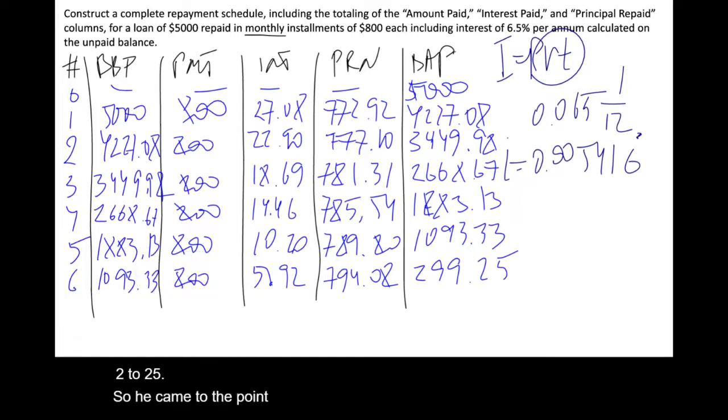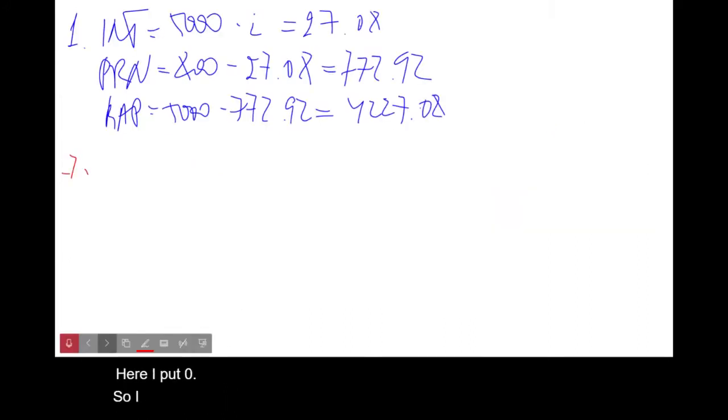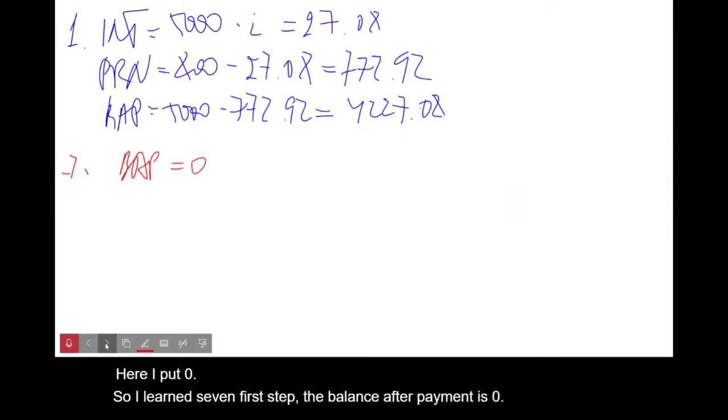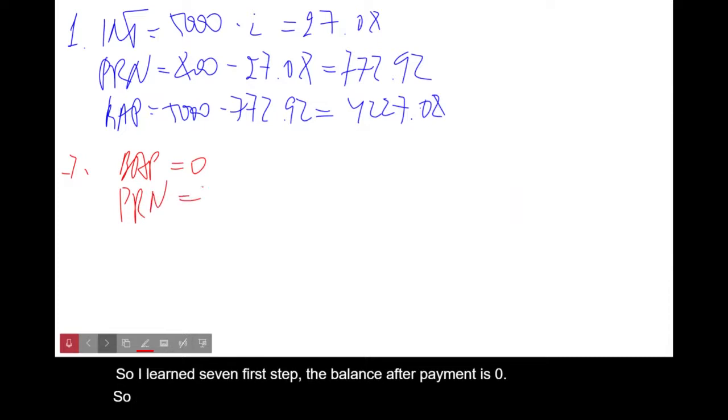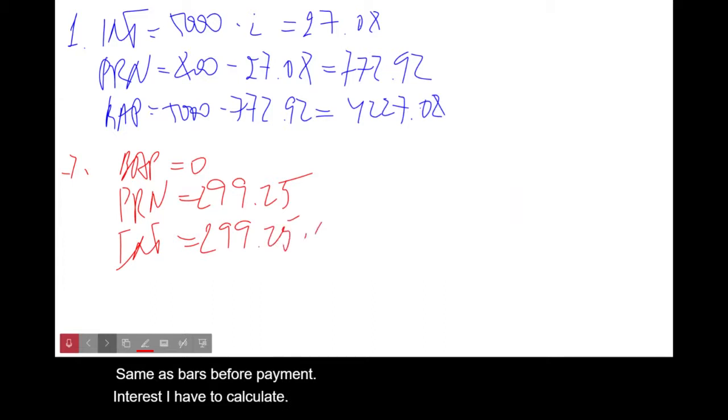So we came to the point of the last payment. Here we have 299.25. Here I put 0. So line 7, first step: balance after payment is 0. Principal, I put the same as the balance before payment. Interest I have to calculate times I, so 1.62.